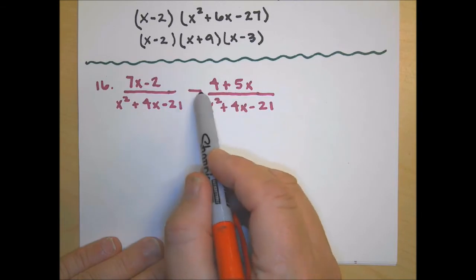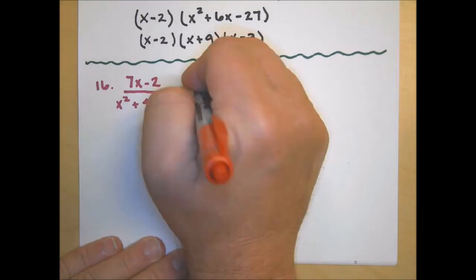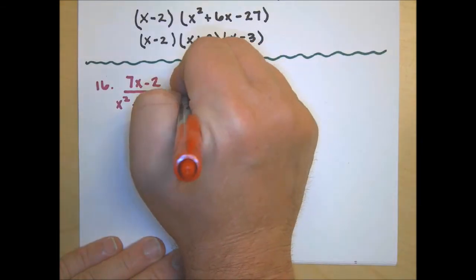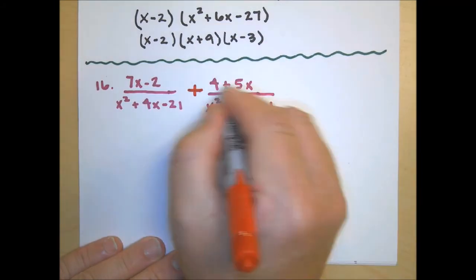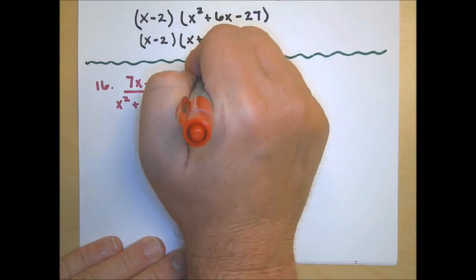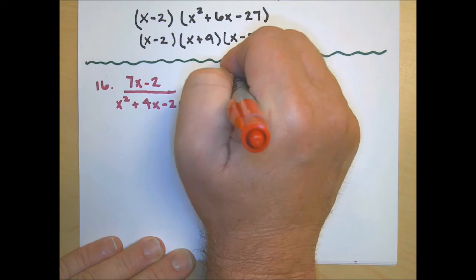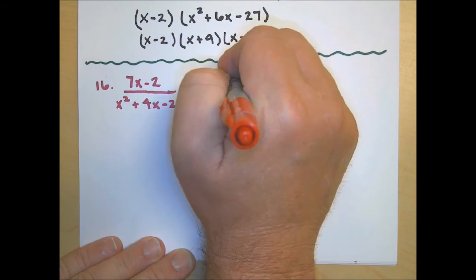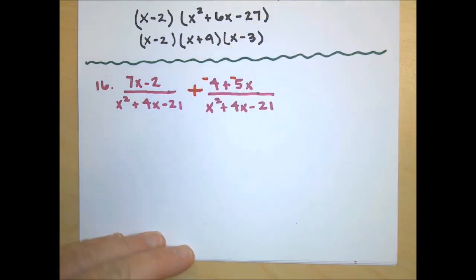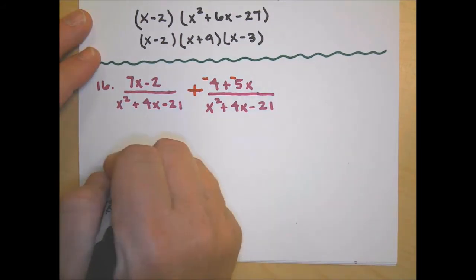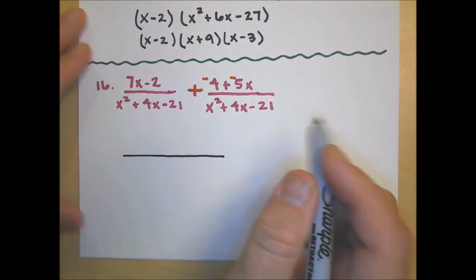The subtraction changes to addition, and these 2 terms become their opposites. Since they're both positive, I'm going to make them both negative. That makes the addition fairly easy.